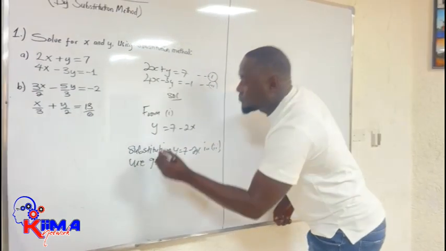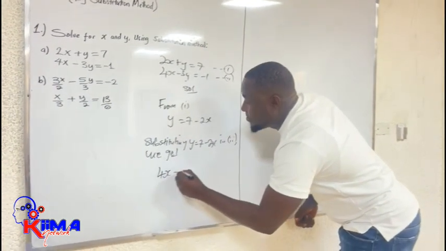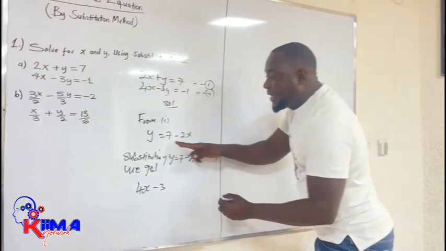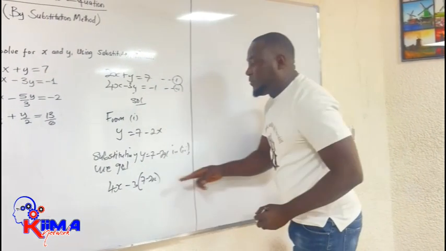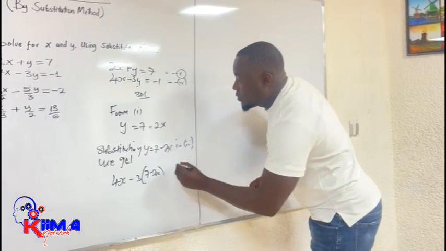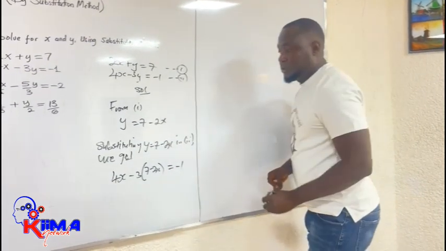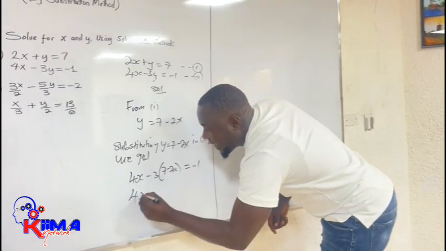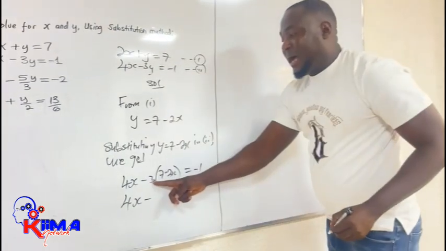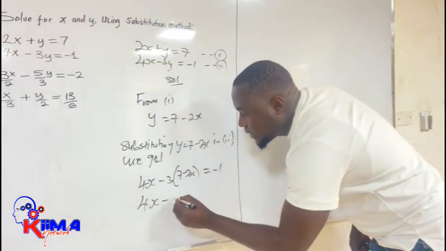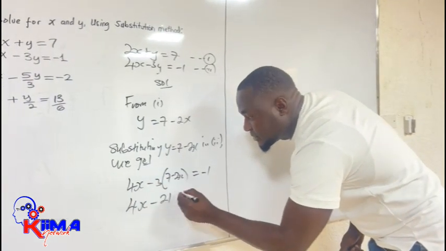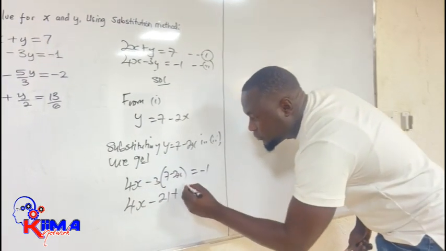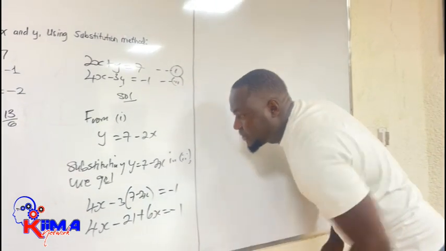That is 4x minus 3, and instead of y, we substitute 7 minus 2x, is equal to -1. So this is going to give us 4x; you multiply, 3 times 7 is 21. Minus times minus, which is negative times negative, is positive. 2 times 3 is 6x, is equal to -1.